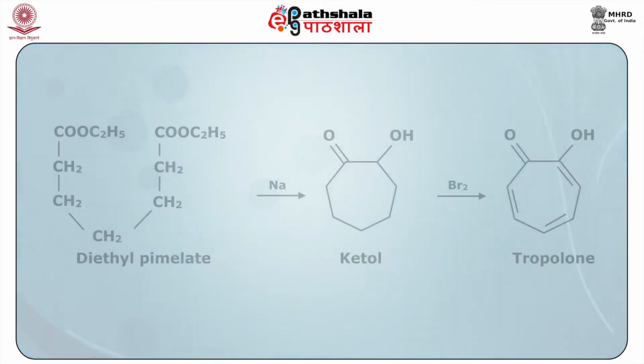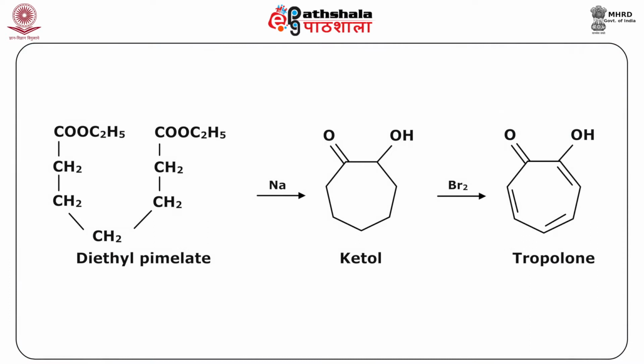This is nothing but, you can say, the completely saturated form of tropolone, where we have a cyclic heptane structure with a ketone and a hydroxyl group. So unsubstituted tropolone has been obtained from diethyl pimelate by acyloin condensation, and it gives the ketol followed by bromination.